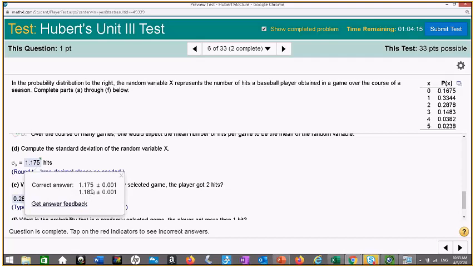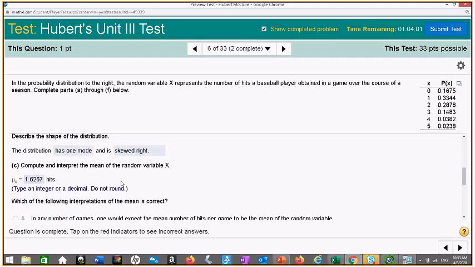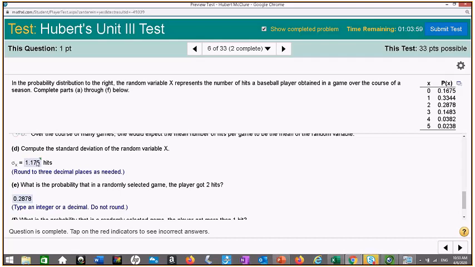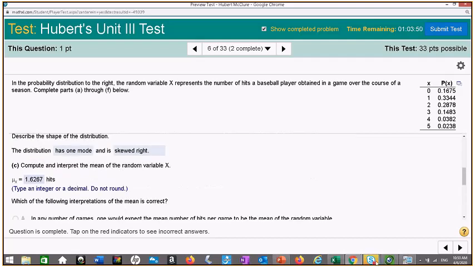Okay, they got 1.175 standard deviation. So y'all check my math. I must have done something wrong. Is that the only thing I got wrong? So let's go back and see what I did wrong on the mode.